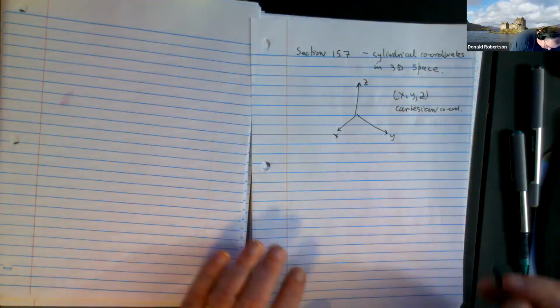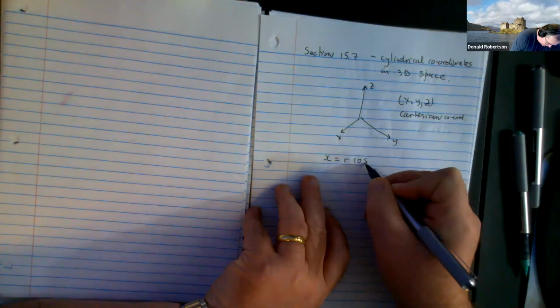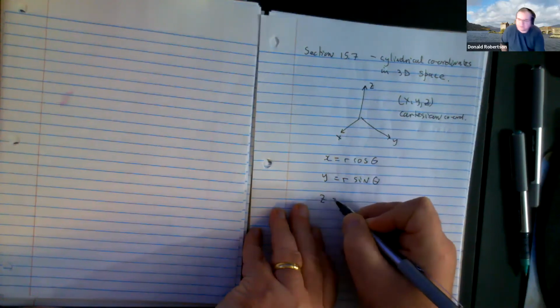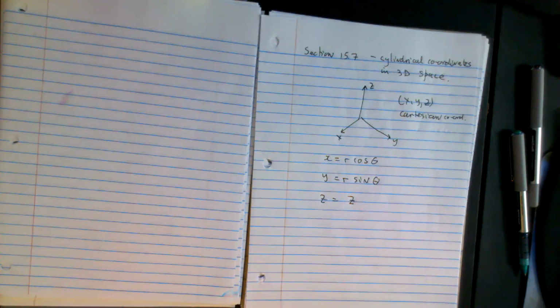But what does a Cartesian one look like? Well, X is r cos theta, Y is r sin theta, and Z is Z. Why exactly is Z just itself?